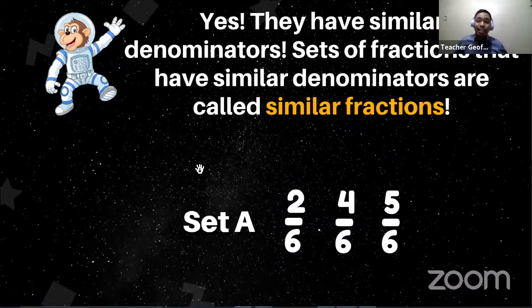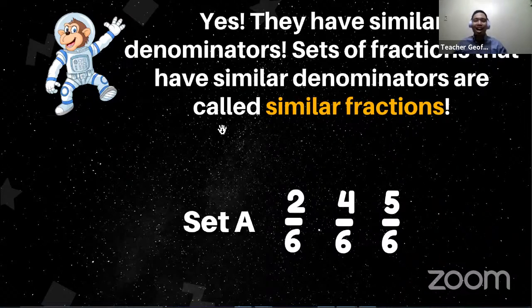They are sets of fractions that have similar denominators, and they will just easily be called similar fractions. Just remember that you need to look at the denominator, and they all need to be the same. If they are all the same denominators, then they will automatically be called similar fractions.